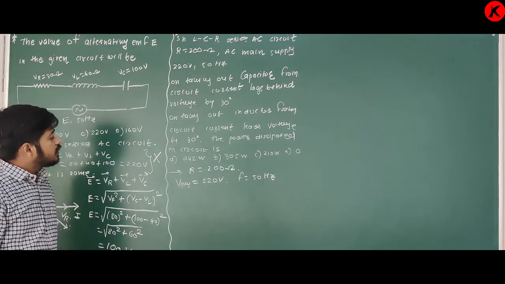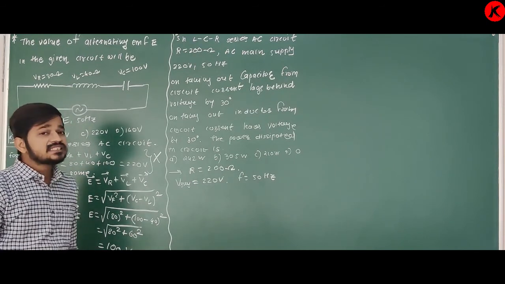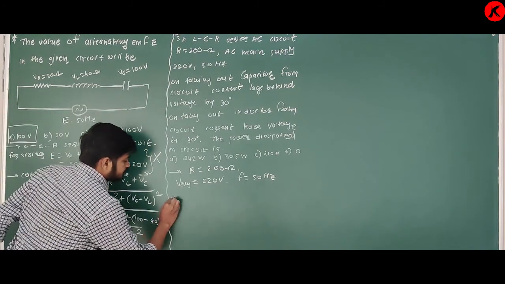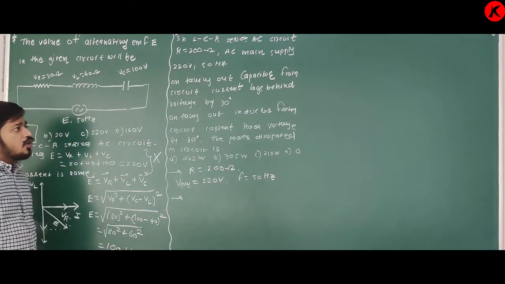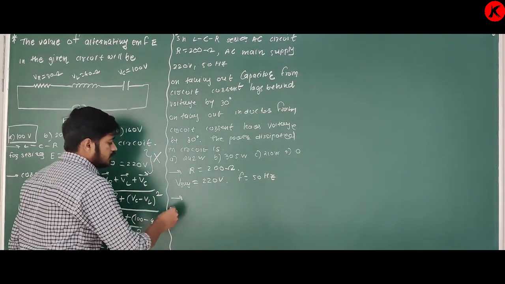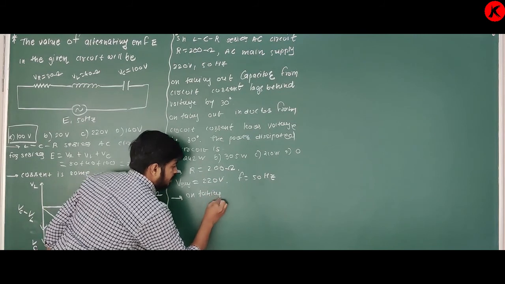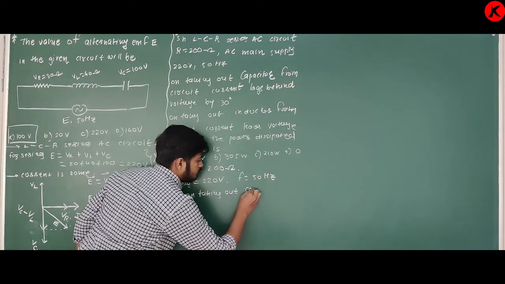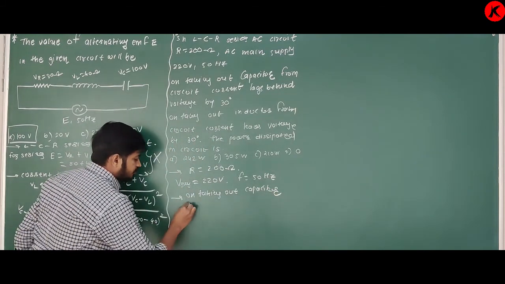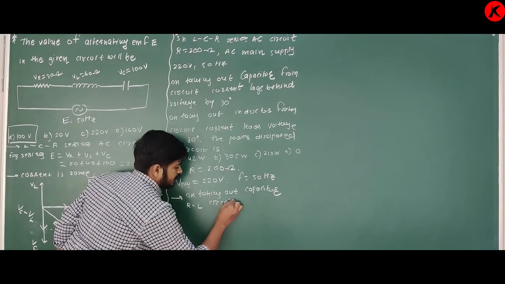Now see, you are first of all given LCR series AC circuit. On taking out capacitor, it becomes RL circuit.